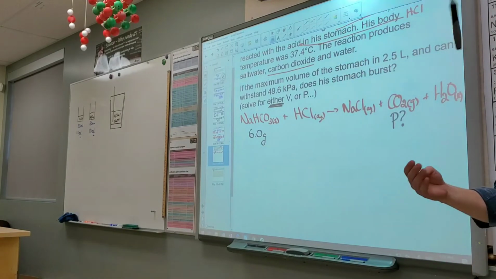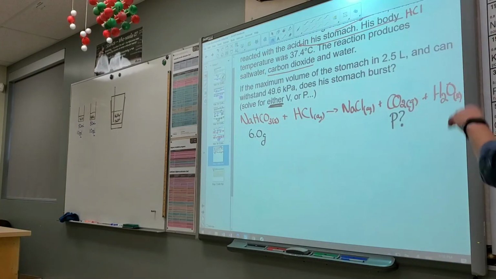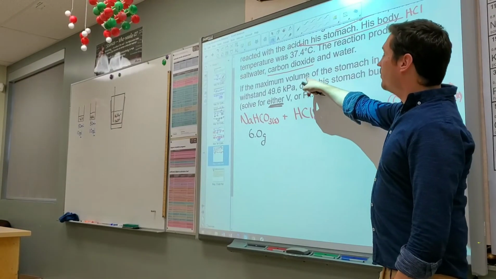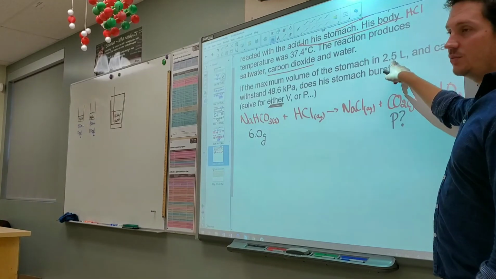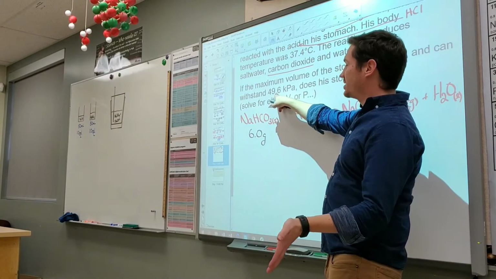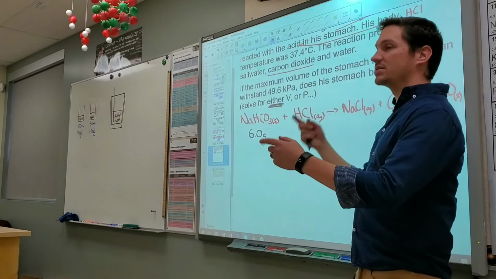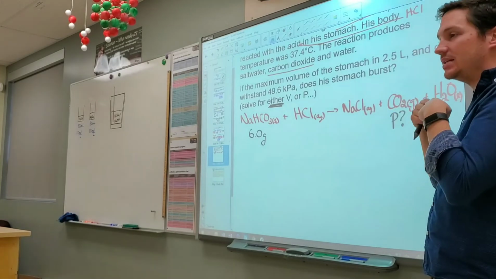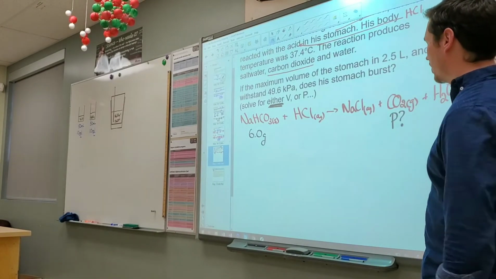Okay, pressure. The reason we're doing that is because the maximum volume his stomach can hold is 2.5 liters, and the maximum pressure it can withstand is 49.6 kilopascals, in addition to atmospheric pressure.